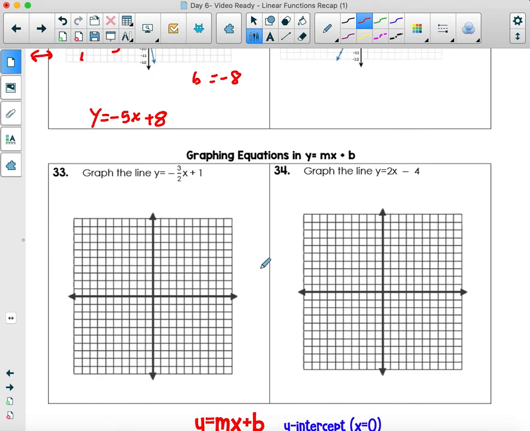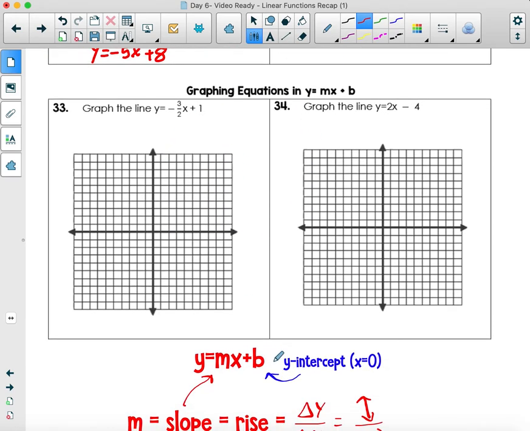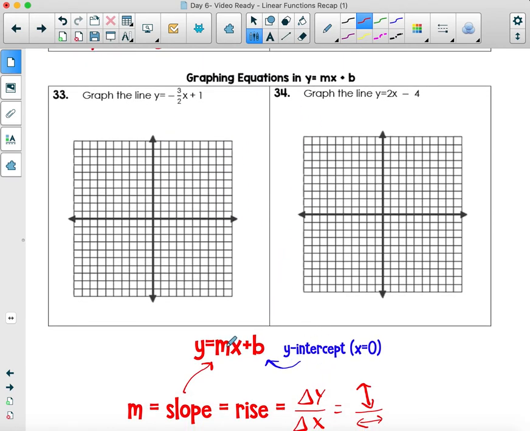Right? And last but not least, this is reminding you how to graph, which again, M we said stood for the motion or the movement of the line, and your B is where you begin. It's your y-intercept. So if you look at this equation, which is nicely in y equals mx plus b form, I'm going to begin at the one on the y-axis. So here's my point at positive 1.